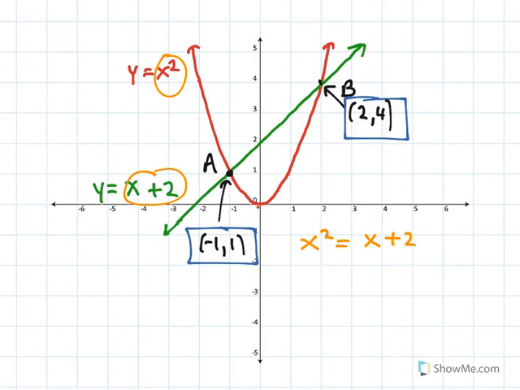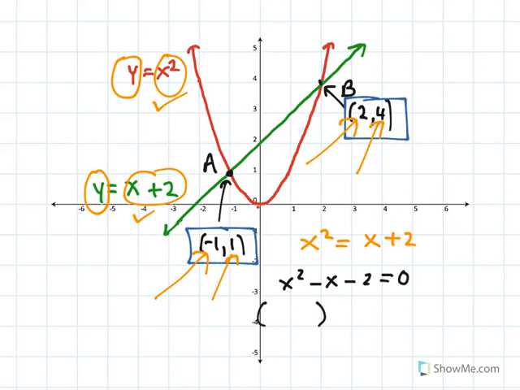And the reason why we can do that is at the points of intersection, the 2 points have the same y coordinate for points on both graphs. So the y coordinates will be equal when you have points of intersection. That is why we set the equations equal to each other and solve for the x coordinates of the points of intersection. So you can do that by solving this quadratic equation.